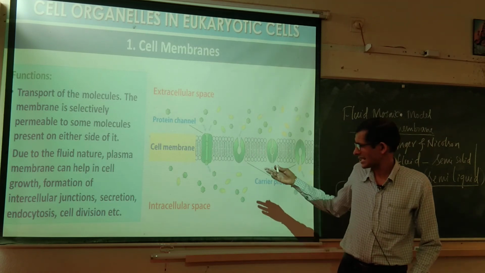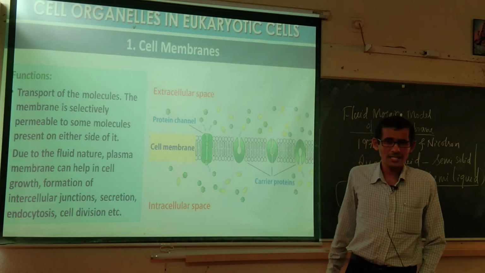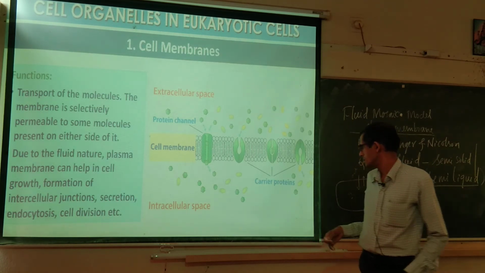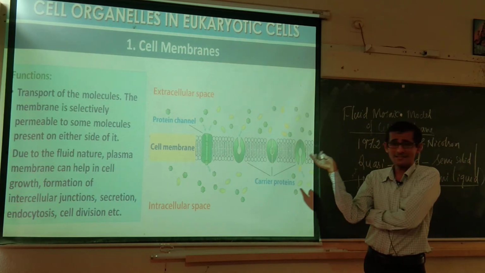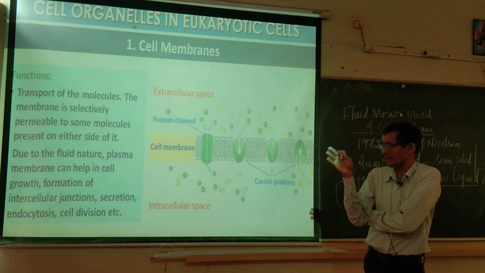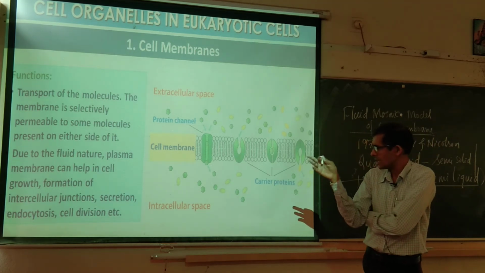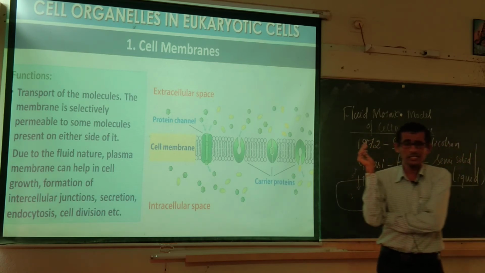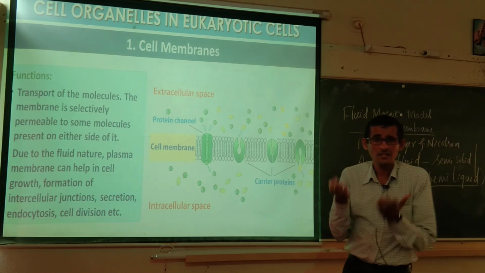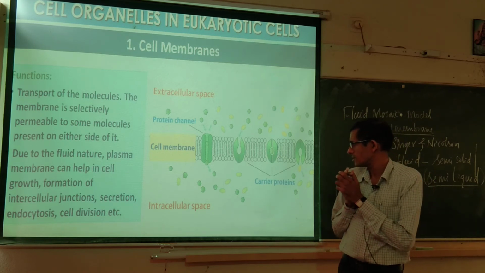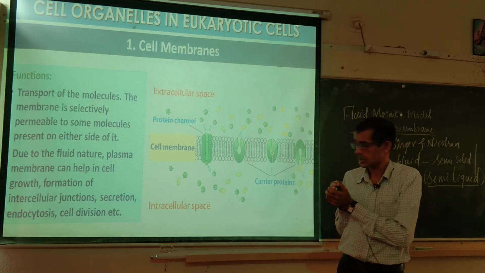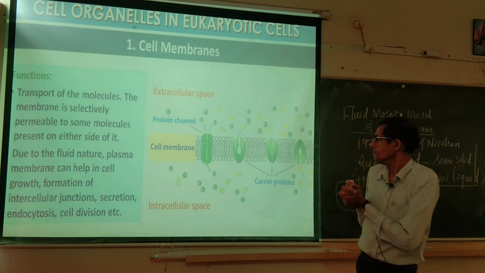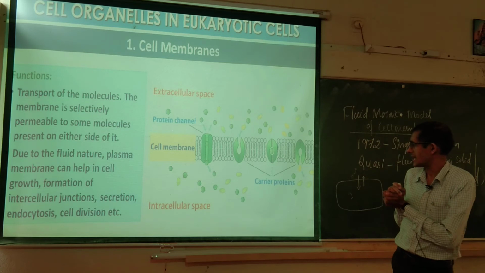Like endocytosis, inside the cell the mechanism of digestion or metabolism will be there, and it helps for that also. Then secretion of liquid or molecules, and formation of intercellular junctions, meaning junction formation between cells. These are the other important functions of the cell membrane.